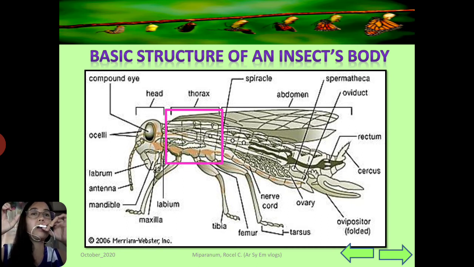Spiracles are located mostly in the abdomen of the insects, but in the thorax, especially in the mesothorax, the second segment, and the metathorax, the third segment, you can also find these spiracles.